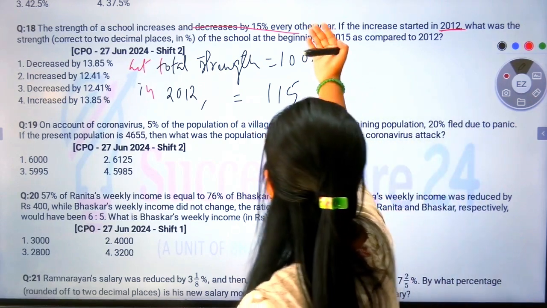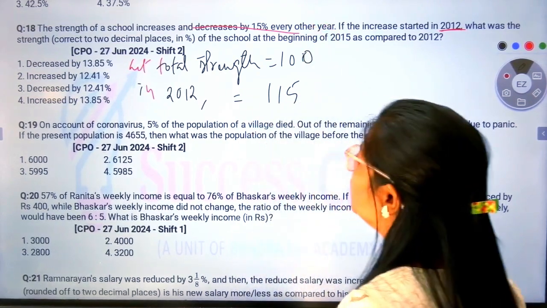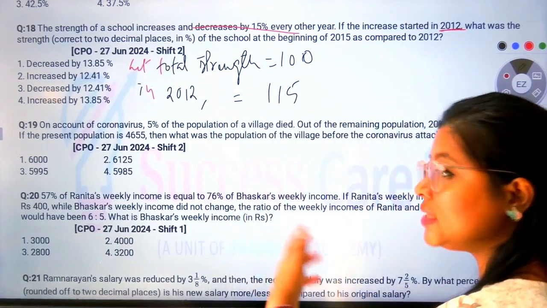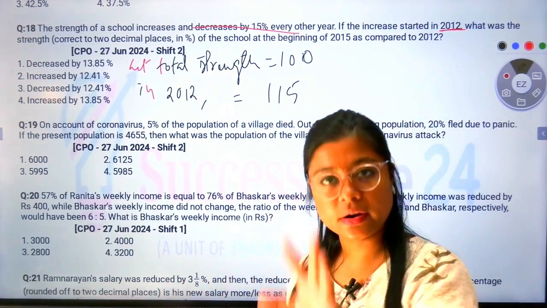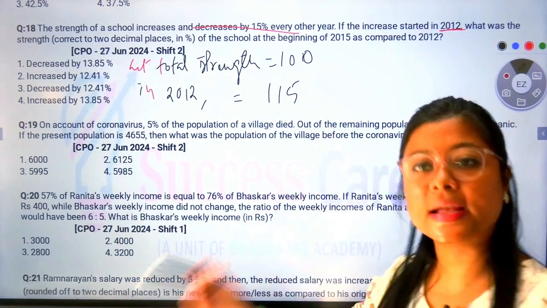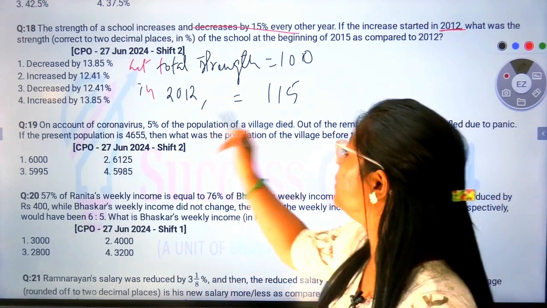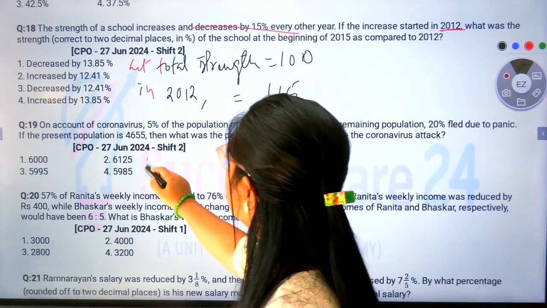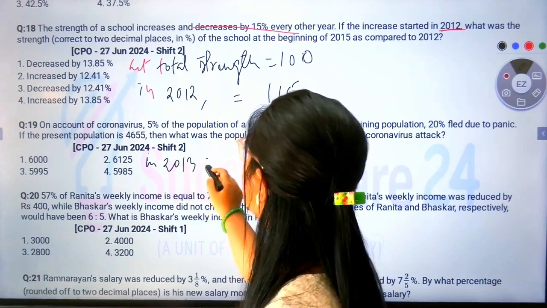If I consider my total strength to be 100, then in 2012 it would be 115, because 15% is increased.